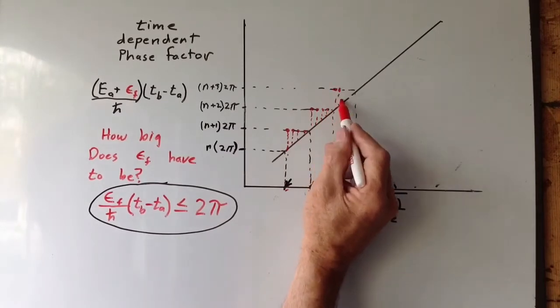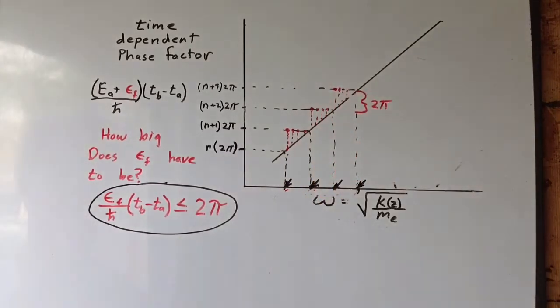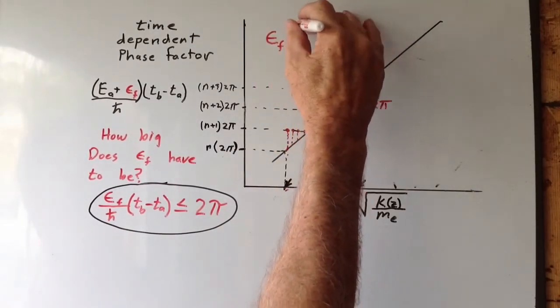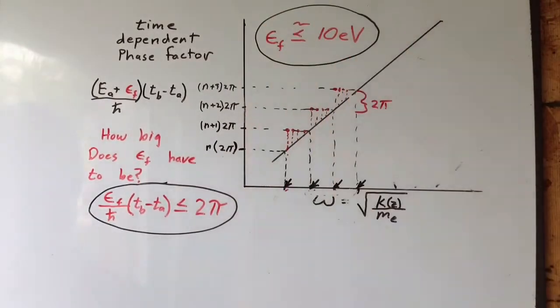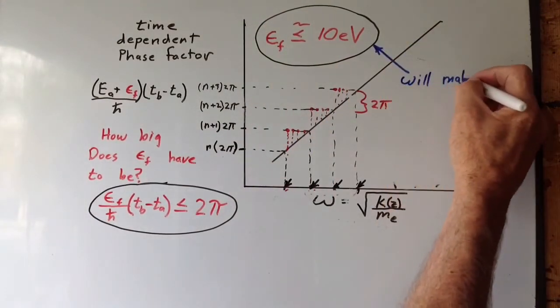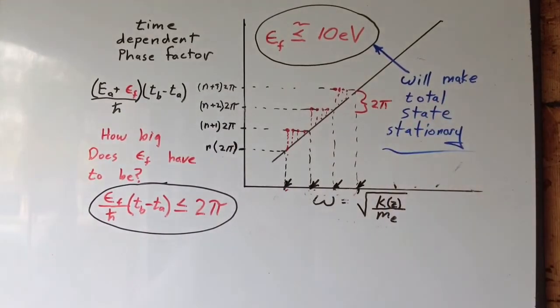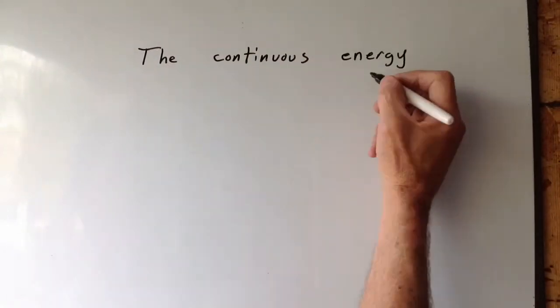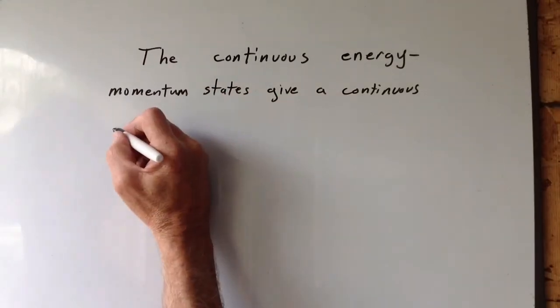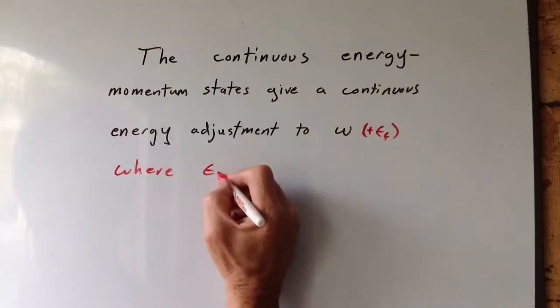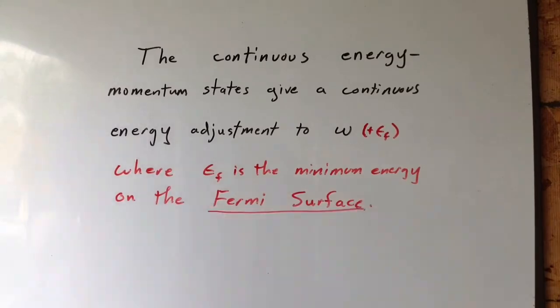The E sub f turns out to be the Fermi energy. This fudge factor is just the range of energies in the conduction band, which will make this diffraction state a stationary state. So we see that the essentially continuous energy states of the conduction band will make the intermediate state a stationary time-independent state. Who knew?